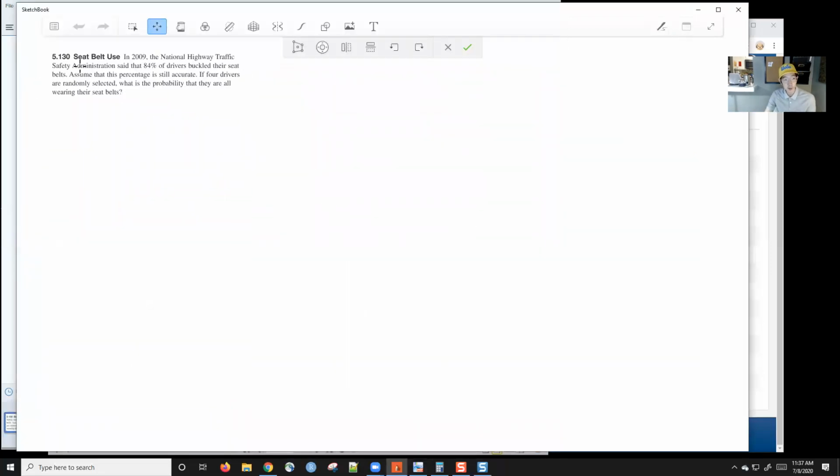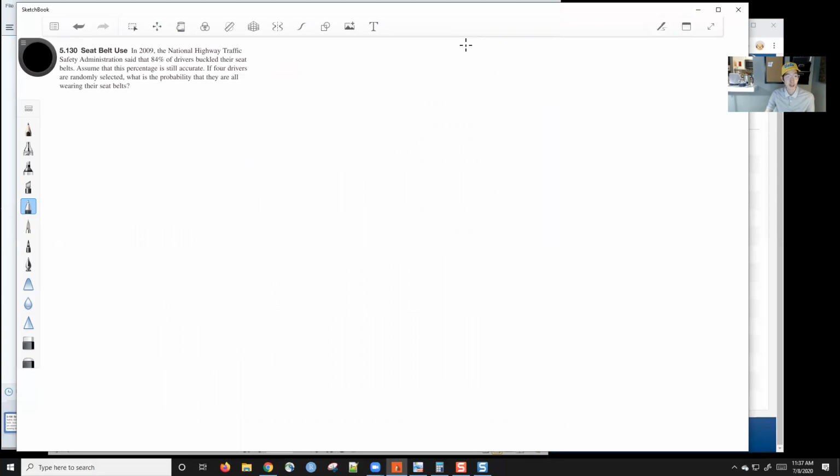So we have seatbelt use. All right. It says 84% of drivers buckled their seatbelts. Assuming that this percentage is still accurate, if 4 drivers are randomly selected, what's the probability that they all wear their seatbelts? Okay. So here we've got probability equal to 0.84, and then we have 4 drivers. Okay.